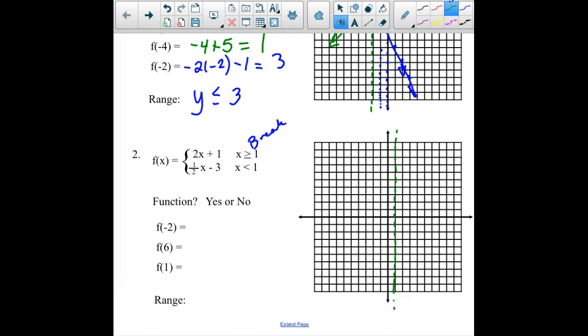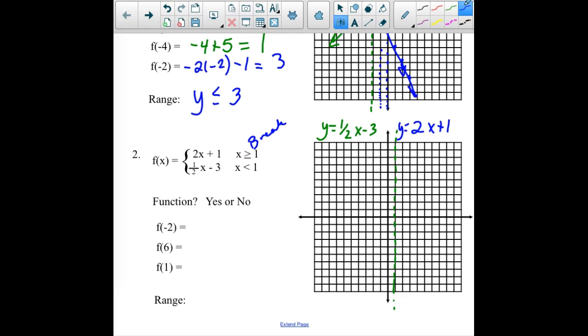Which function goes on the left? Okay, the bottom one this time. So y equals 1/2 x minus 3. That's for every value of x that's less than 1. Okay, and then on the right-hand side, we have the top equation, 2x plus 1.